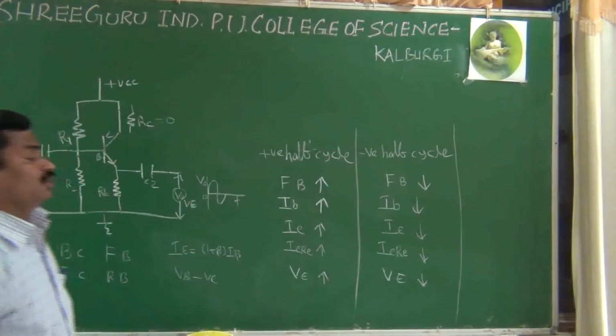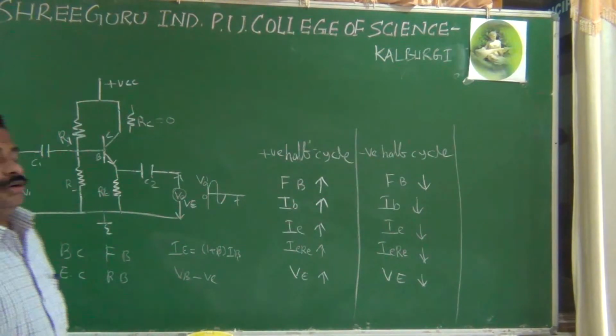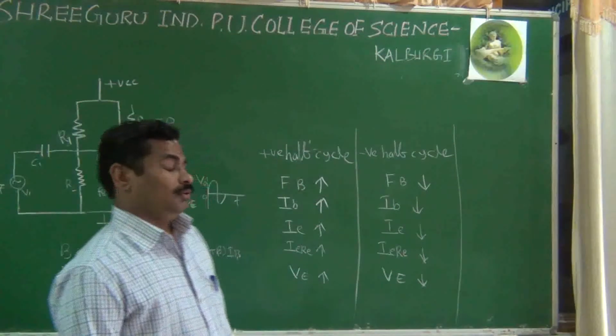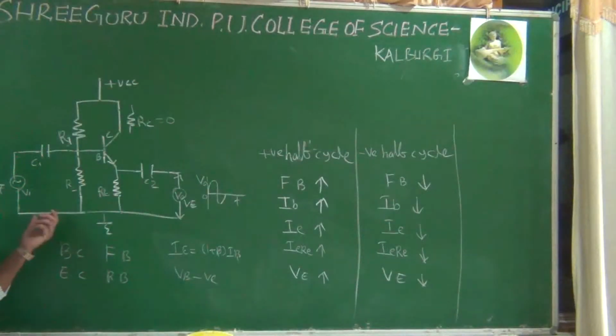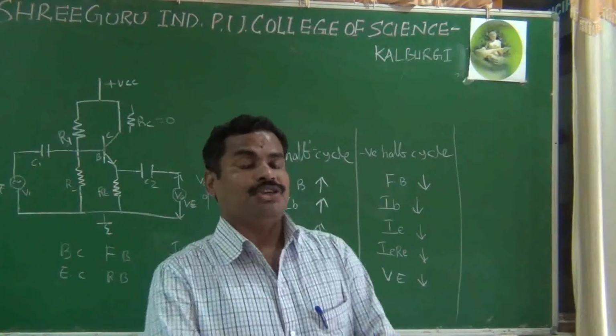It means overall, what is the importance of your common collector amplifier? In your common collector amplifier, the input and output are in the same phase, as in your common base amplifier.